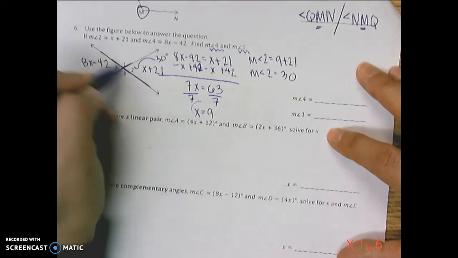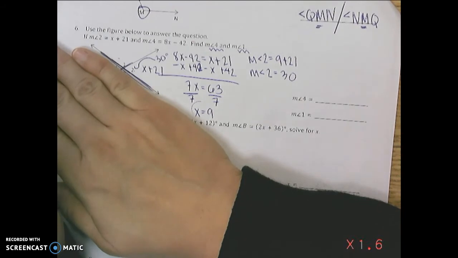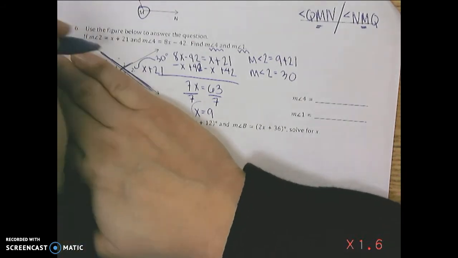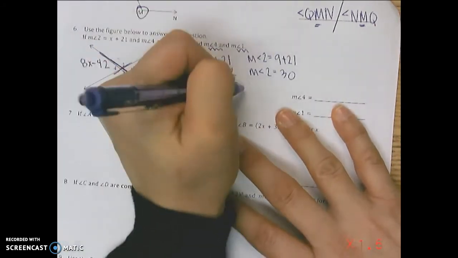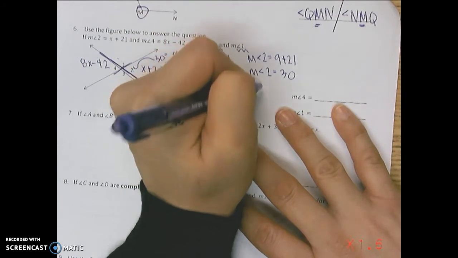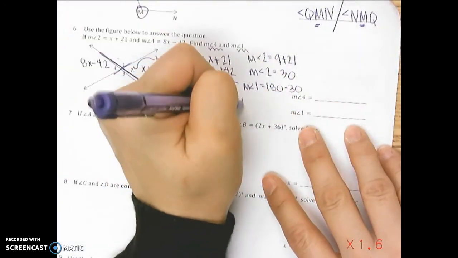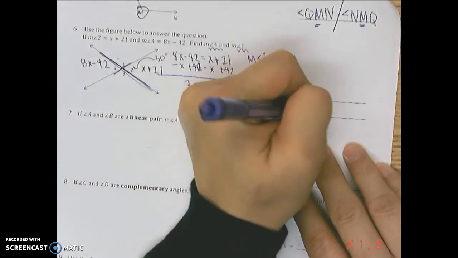Well, if I look close enough, I'll see that 1 and 2, those two angles, form a straight line, a linear pair, which equals 180 degrees. So in order to find the measure of angle 1, I have 180 minus 30. Well, the measure of angle 1 equals 50 degrees.